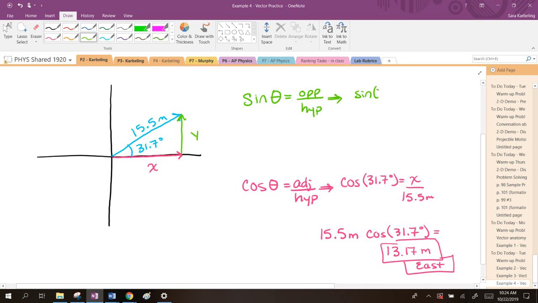The sine of 31.7 is equal to the thing I don't know, my y, over 15.5. 15.5 meters times the sine of 31.7 has a value of something like, what, 8.15 or 8.14? Is that right? And that would be to the north.